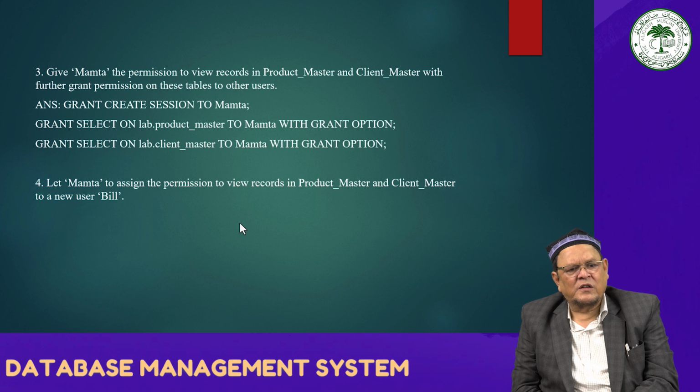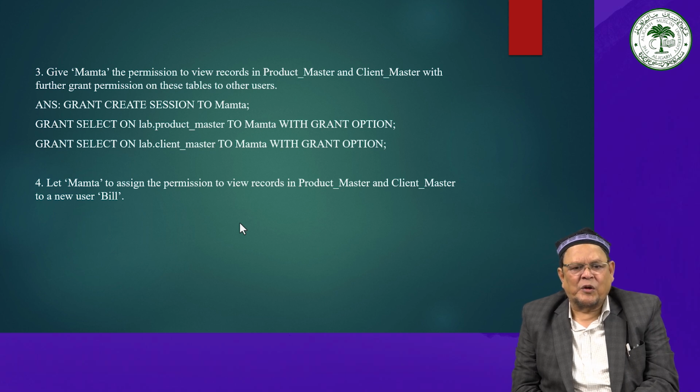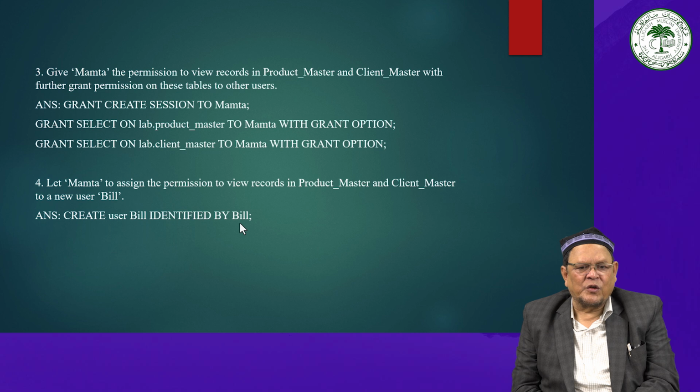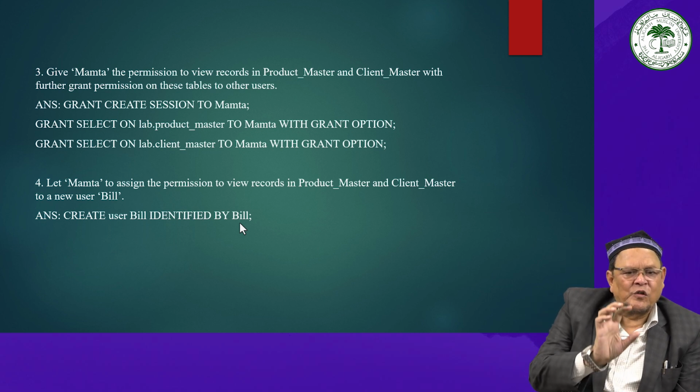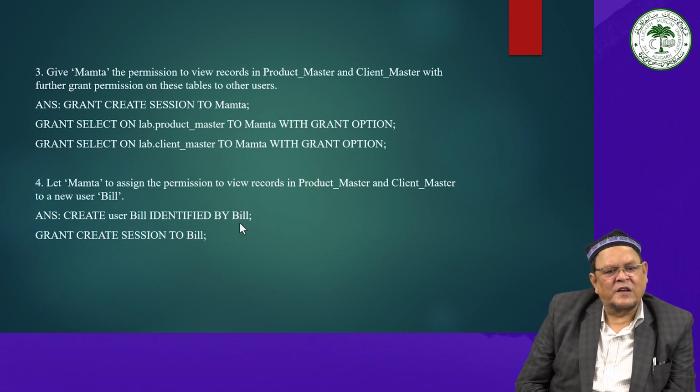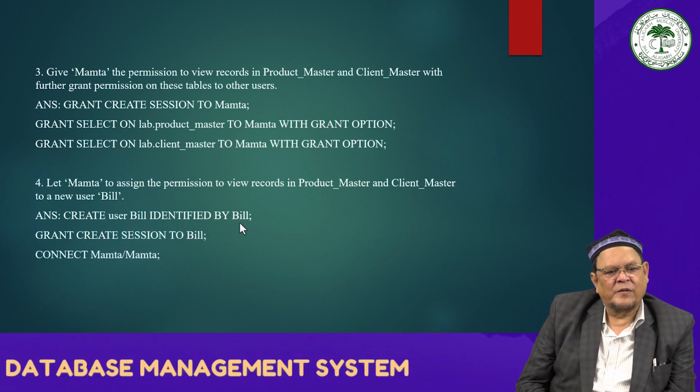The next question: Mamta is to assign permission to view records in product master and client master to a new user, Bill. What will you do? Create user Bill identified by Bill. First of all, you have to create user Bill, then grant create session to Bill.